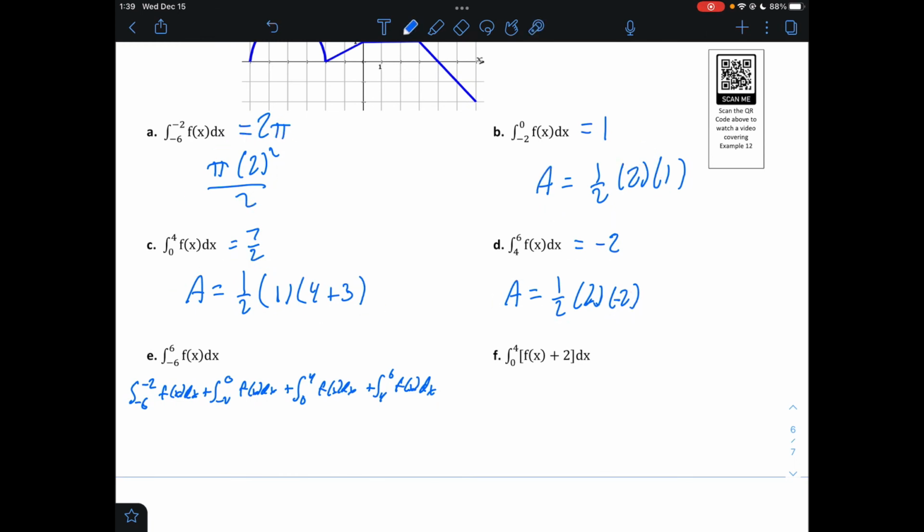So our answer is going to be 2 pi plus 1 plus 7 halves minus 2. So that would be 2 pi, and then 1 minus 2 is negative 1, and then negative 1 plus 7 halves is 5 halves. So 2 pi plus 5 over 2.